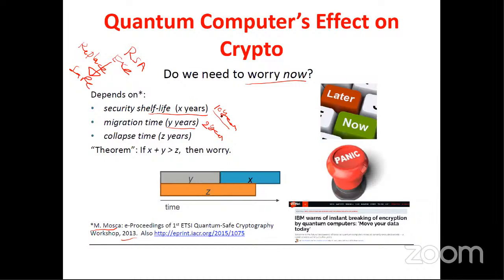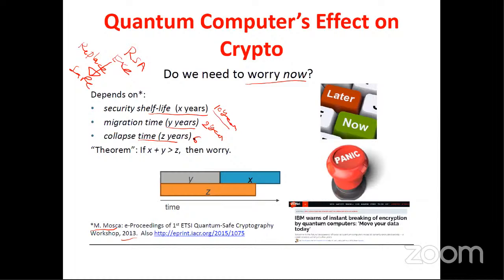We want to keep the information secure for 10 years, and if there is a threat, then we will require 2 more years to replace that system. So X plus Y is 12 years. And what is the collapse time? It is nothing but the time when we will get a large quantum computer which can break these ciphers. Let's suppose this is 6 years.